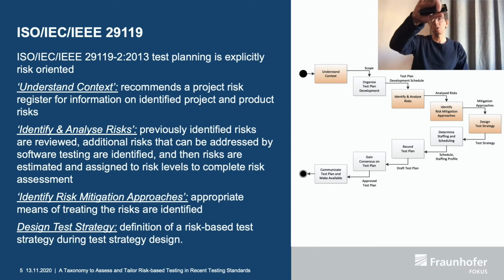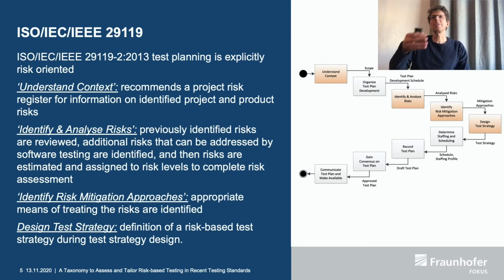There's this picture that shows the overall process of creating a test plan within 29119, and the activities underlined with this orange color are the risk-based activities within the workflow of the ISO 29119 test plan creation process.